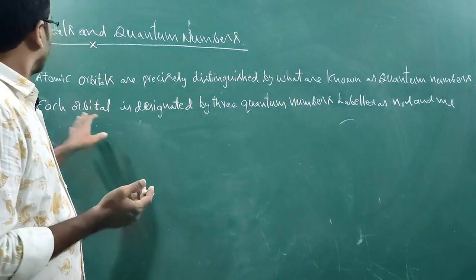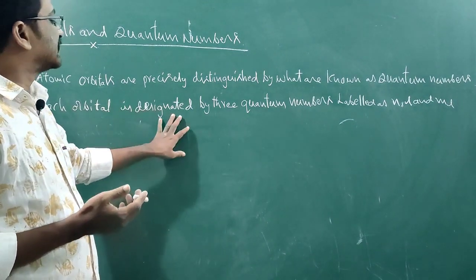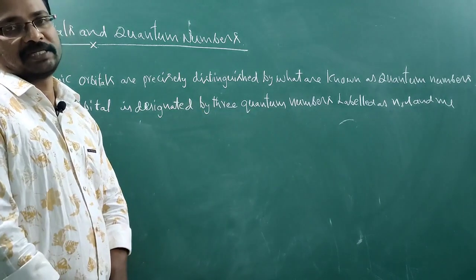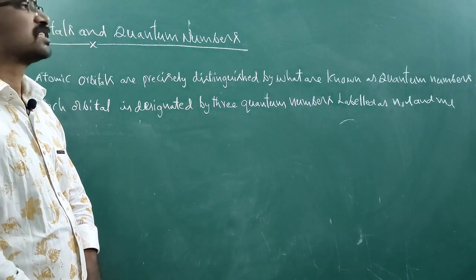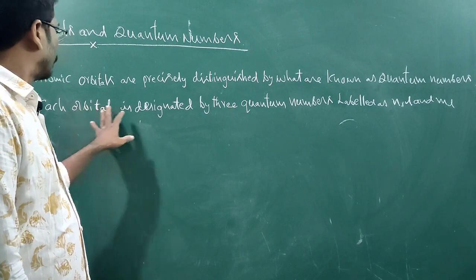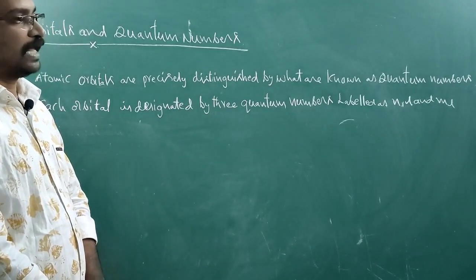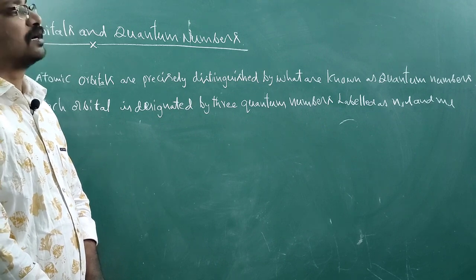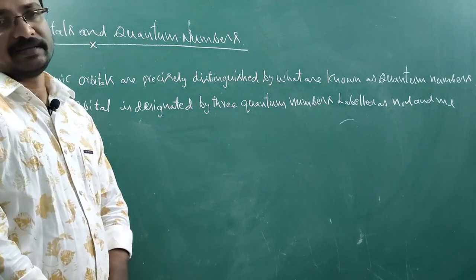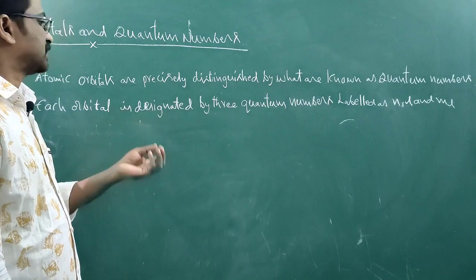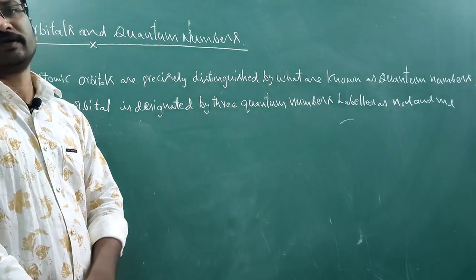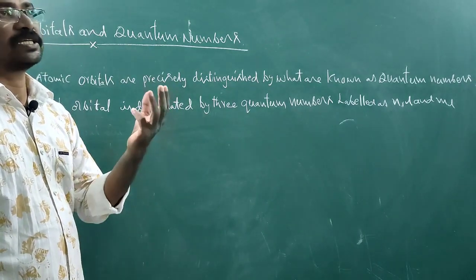Each orbital is designated by 3 quantum numbers, known as n, l, and ml. These 3 quantum numbers are specific for each orbital. Let us consider the s orbital.